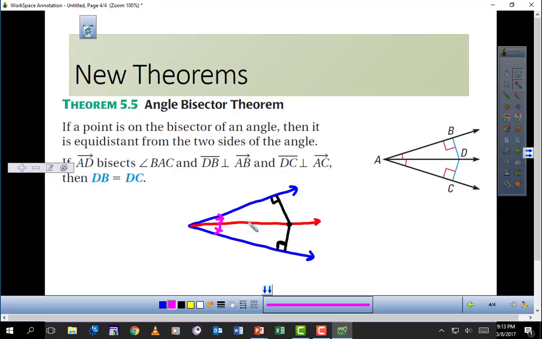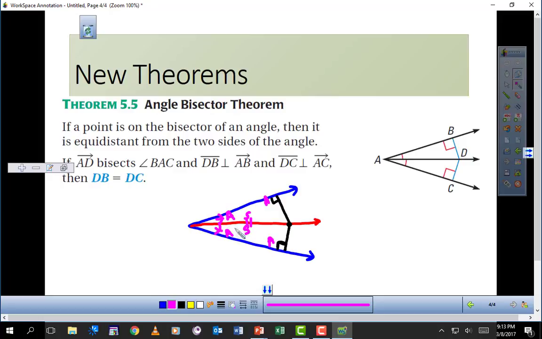We could also say that this side is congruent to itself. So we have an angle, we have a side, and we have an angle. That's a right angle. So we have angle, angle, side, and we have angle, angle, side.